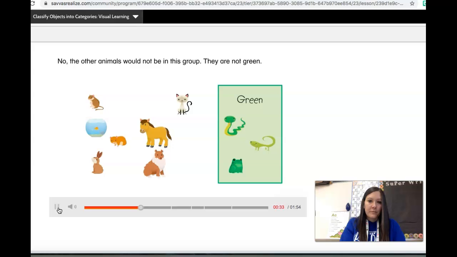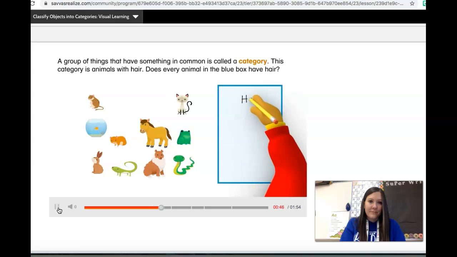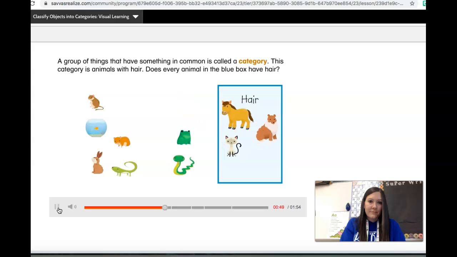No, the other animals would not be in this group. They are not green. A group of things that have something in common is called a category. This category is animals with hair. Does every animal in the blue box have hair?